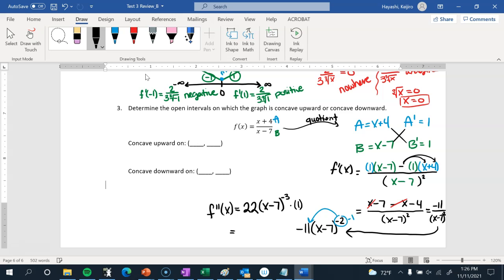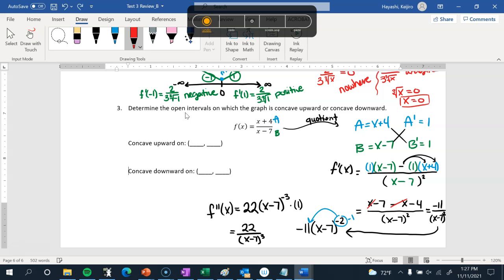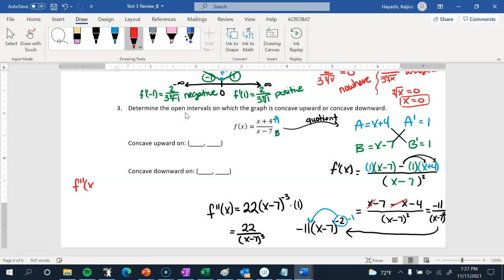And if we wanted to rewrite f double prime, we could write it now as 22 over (x minus 7) to the positive 3, with the power on the bottom. Might be easier to see where it's 0 or undefined there. So your critical numbers are going to occur whenever f double prime is 0 or f double prime is undefined.